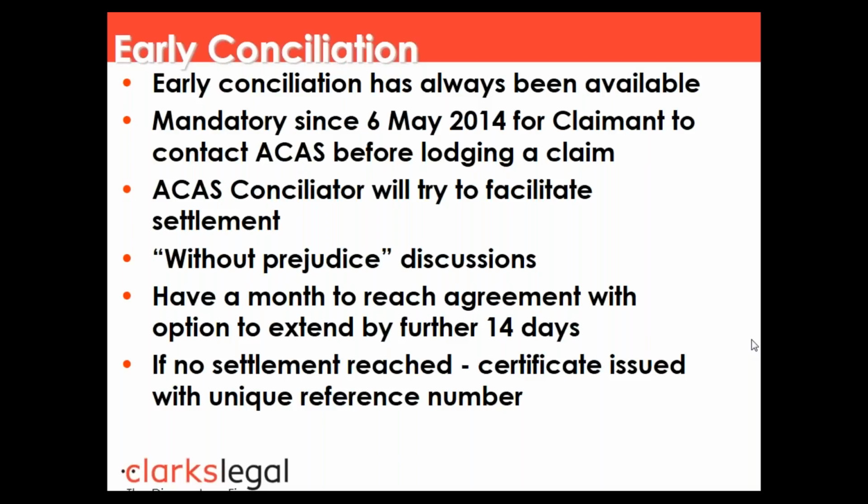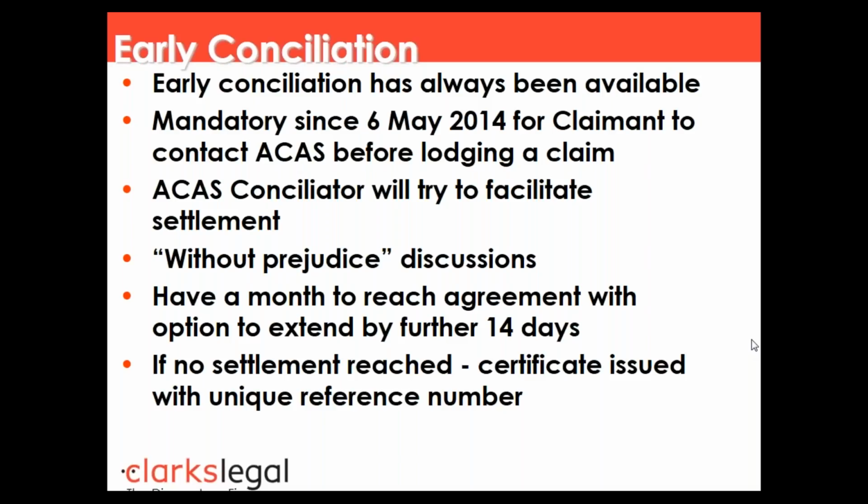However, the strengths and weaknesses of a potential claim are not for ACAS to decide or even to comment upon. Remember that anything discussed or offers made by either party during early conciliation is on a without prejudice basis, which means that if a subsequent claim is brought, then the tribunal will not be made aware of any earlier settlement discussions.